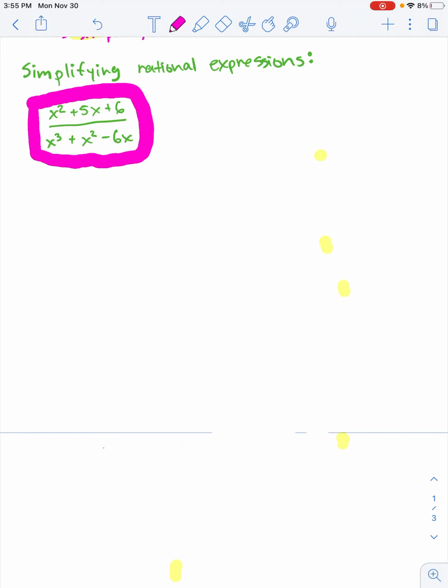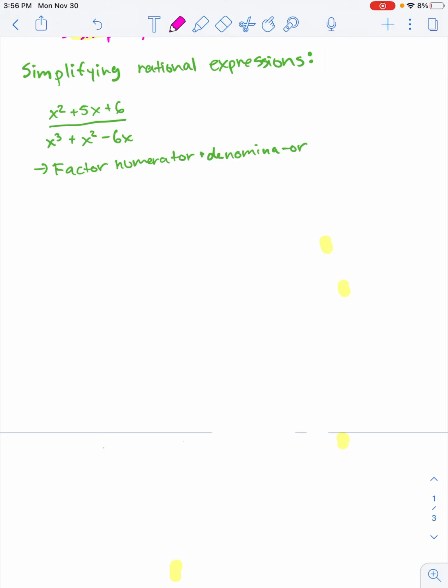So first things first, we are going to factor the numerator and the denominator. So x squared plus 5x plus 6 can be factored into x plus 2, x plus 3. And then I'm first going to pull that x out of x cubed plus x squared minus 6x to get this.